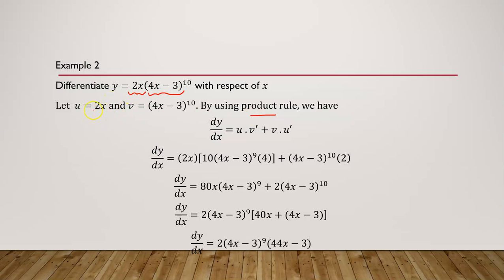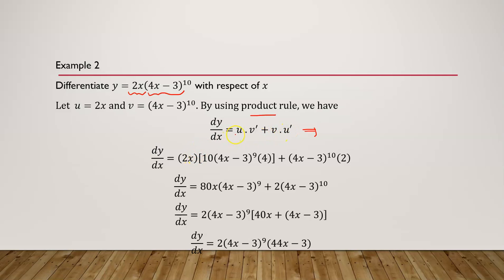You will let u be 2x and v be (4x minus 3) power 10, or the other way around. You can let u equal (4x minus 3) power 10 and v equal 2x. And then this is the general equation for the product rule. The product rule is you remain u, differentiate v, plus remain v, differentiate u.